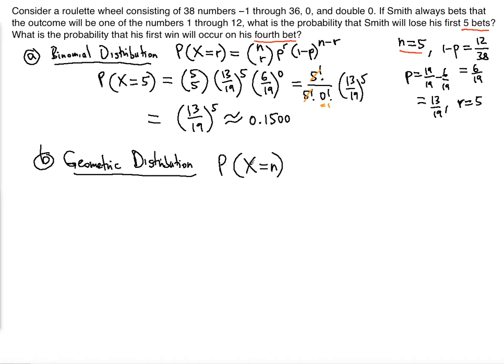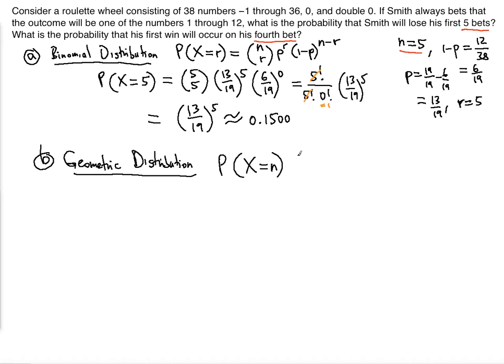the probability of the random variable x being equal to n, and n is the number of trials until the first success, right? Basically n is the number trial will be equal to 4 in this case, right? So n is going to be 4, right? So the random variable being equal to the bet of success, right?